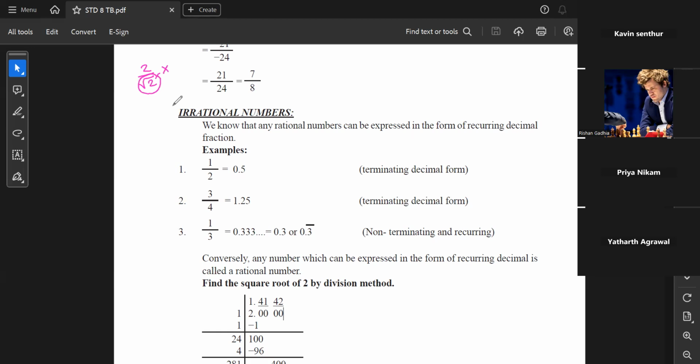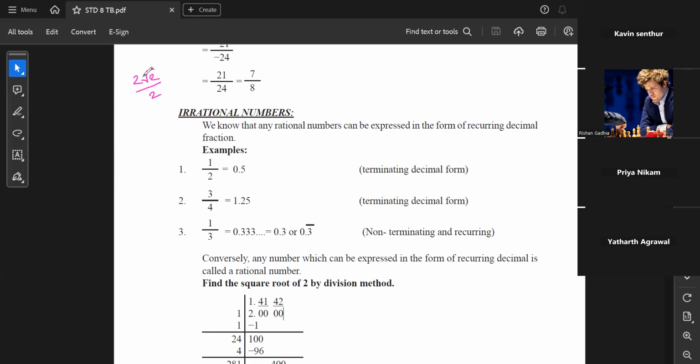As for 2 root 2 whole divided by 2, again you are considering a root over here, and this is not a single number.